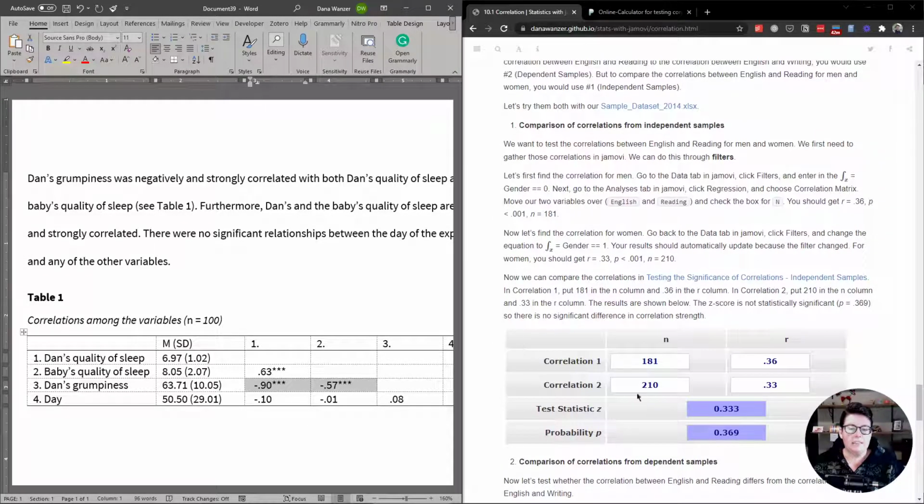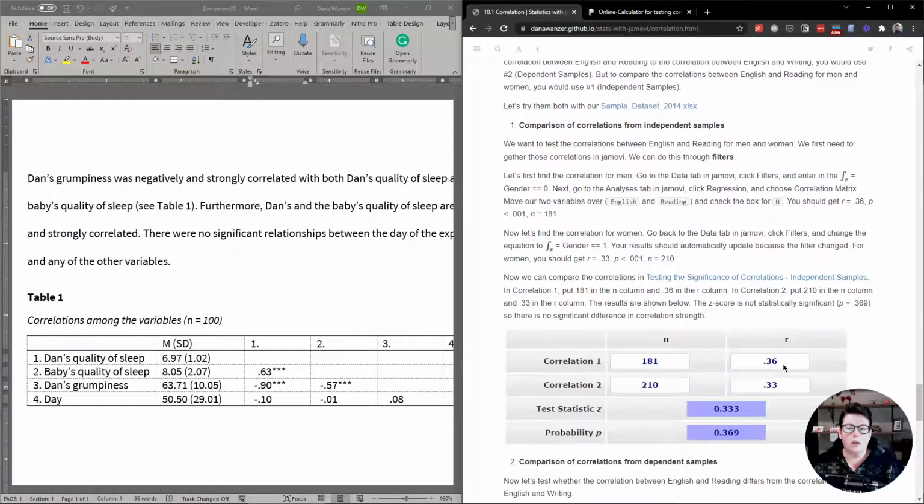If you have independent samples, for example, we'll go back to the sample data set. Is the correlation between English and reading scores the same or different between men and women? So we have two independent samples, men and women, with no overlap in those samples. And we want to see if that correlation is similar in strength between the two.